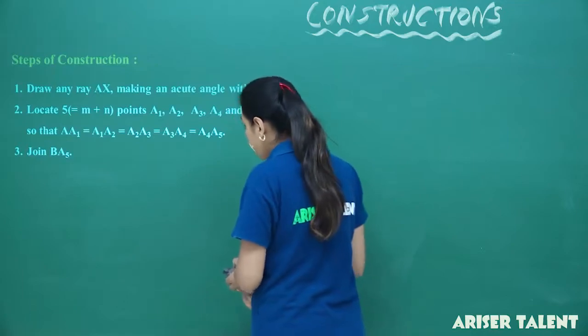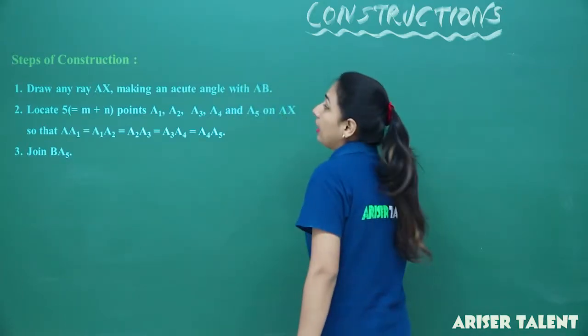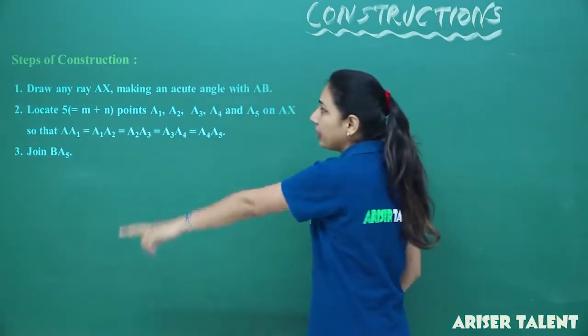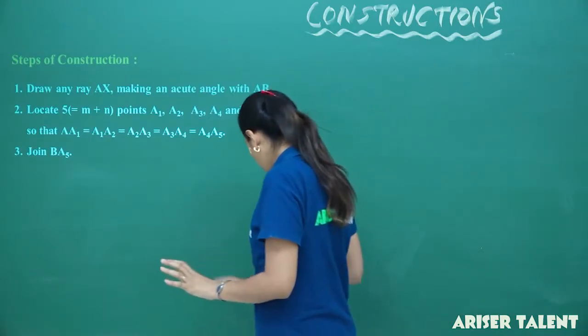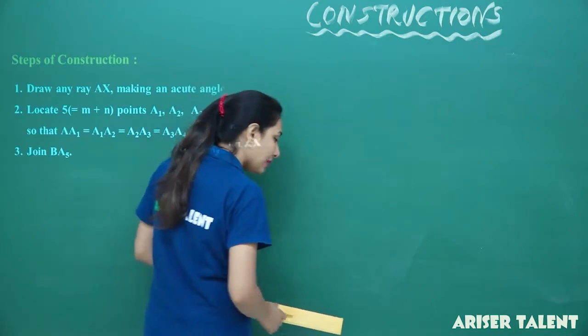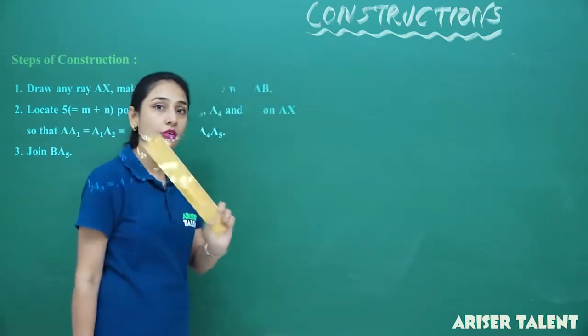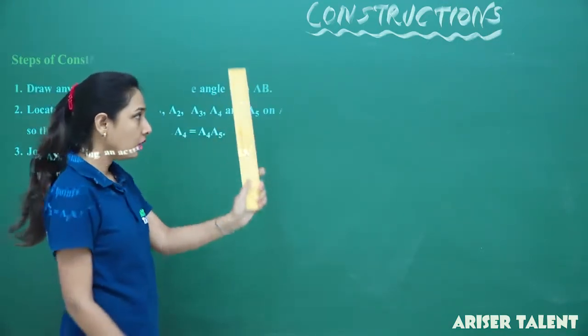Draw any ray AX, making an acute angle with AB. Now AB is given, with nothing like AB equals so many centimeters. So you can take AB as anything.